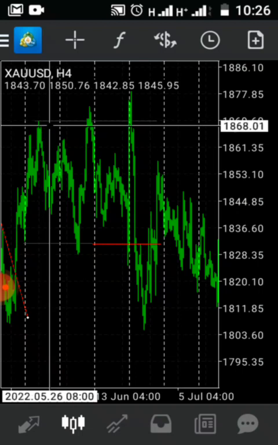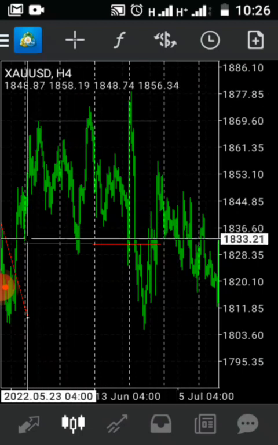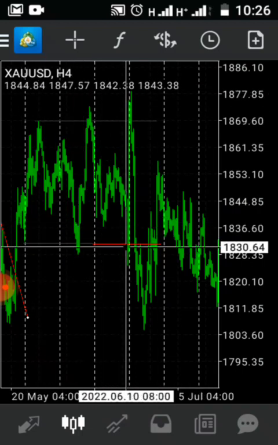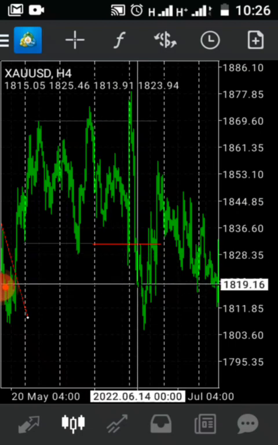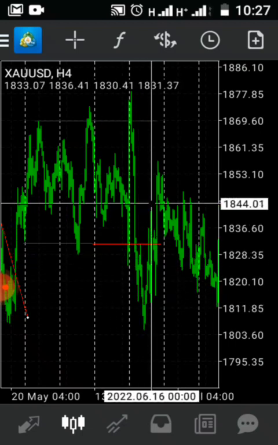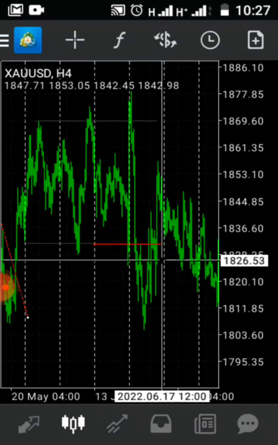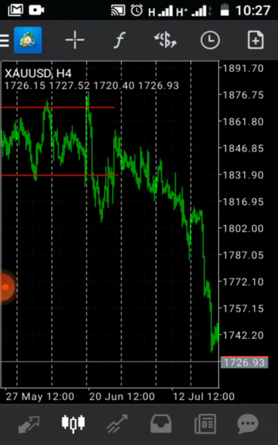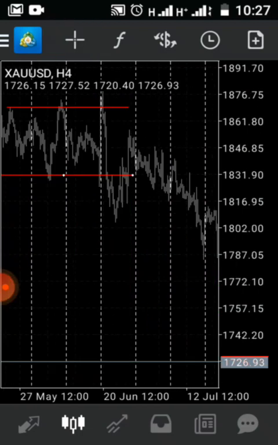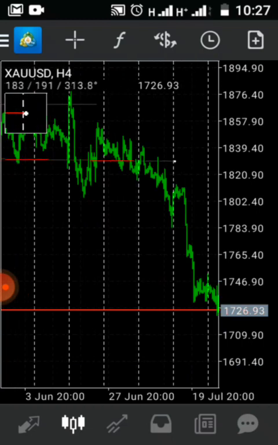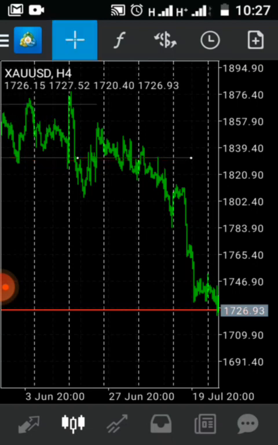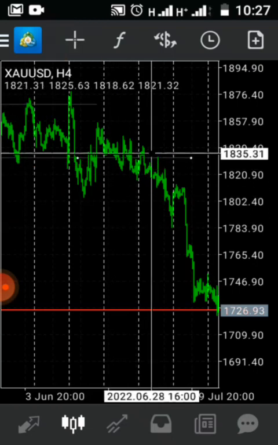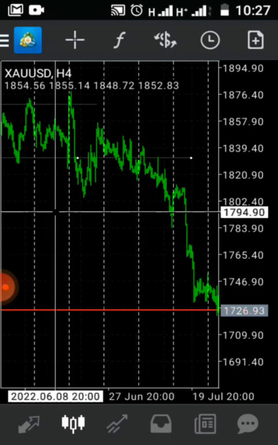We have resistance, strong support, support, support. Now we break below, we correct the market, we move below the support line.